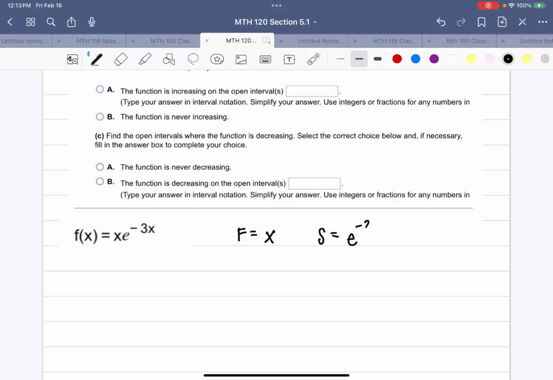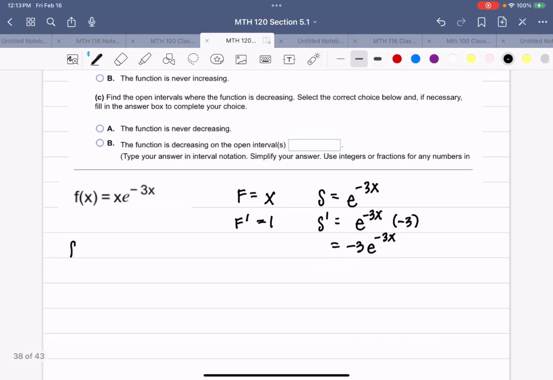to the negative 3x. So our first function prime is 1. Our second function prime is e to the negative 3x times negative 3, which I will write negative 3e to the negative 3x.